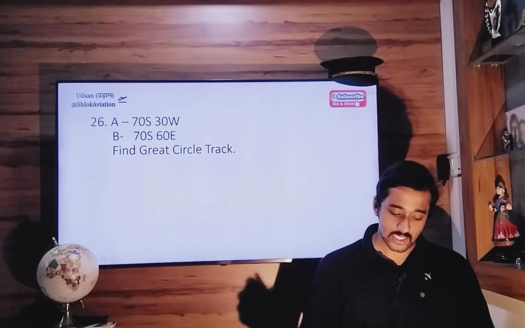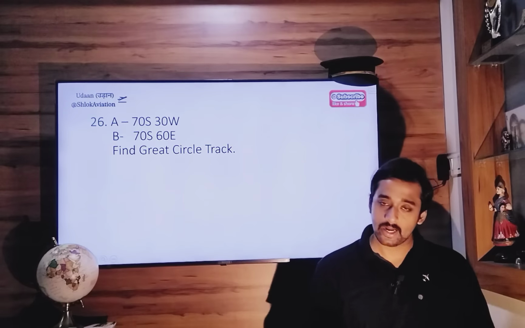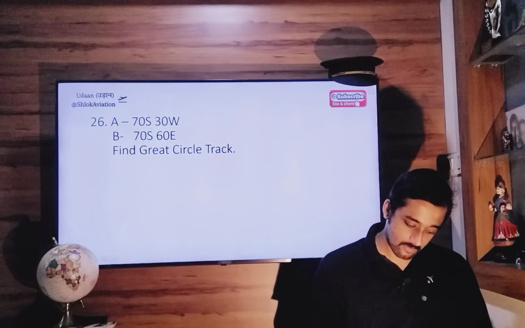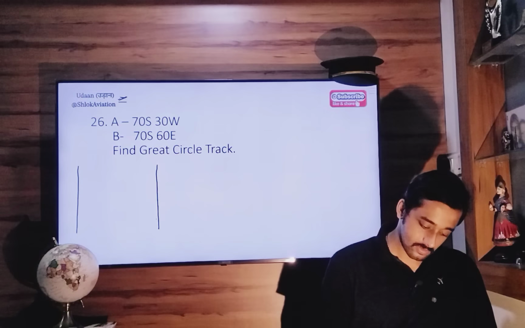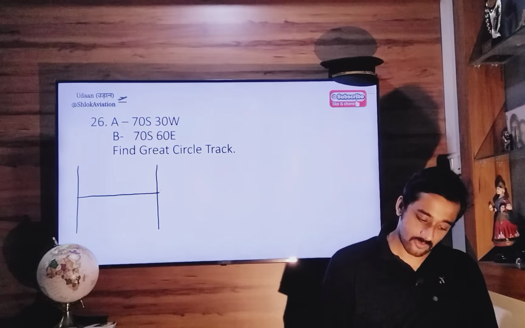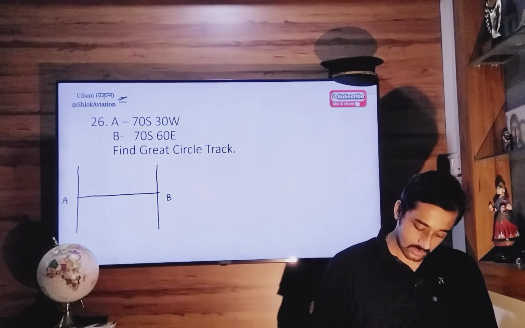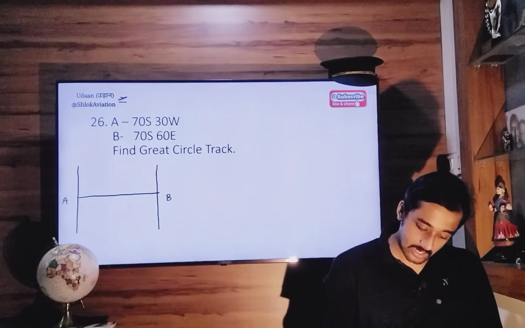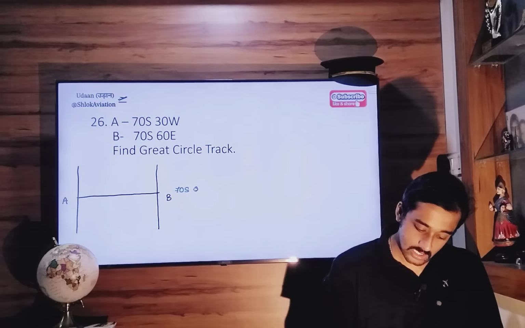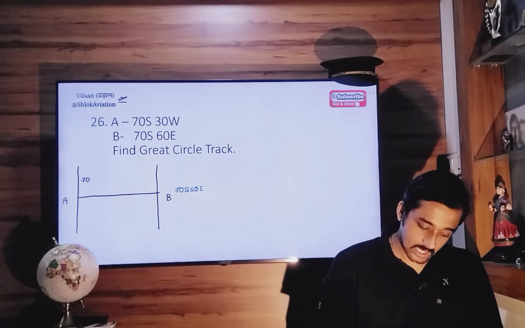Next, alpha and bravo is given. Again, we have to find great circle track. This is similar to the question number 21 that we did previously. So let's draw this. It's in the southern hemisphere. Alpha, 70 south, 60 east; bravo, 70 south, 30 west.